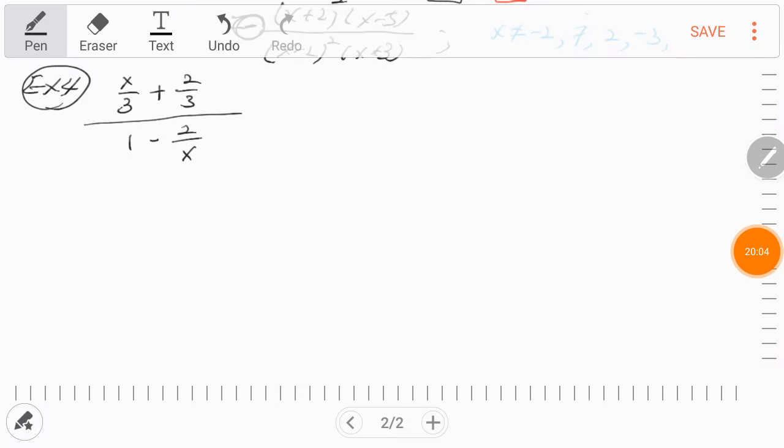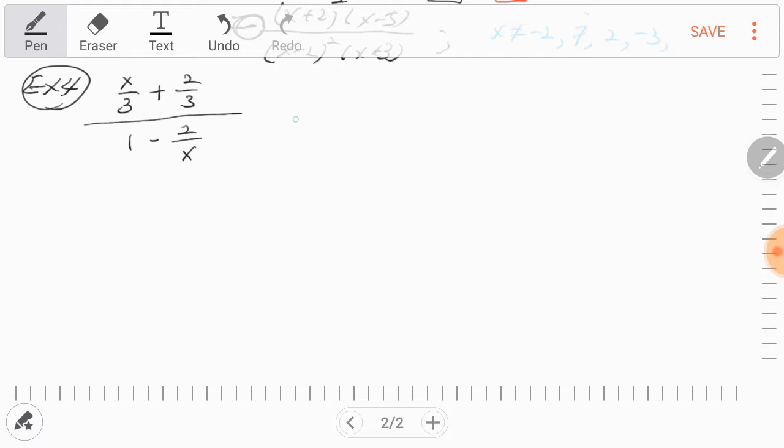Okay, this example is a little bit different from the examples above, because the numerator and denominator are an addition and subtraction, so each term is also a fraction. So in that case, we can get rid of the denominators of each fraction.